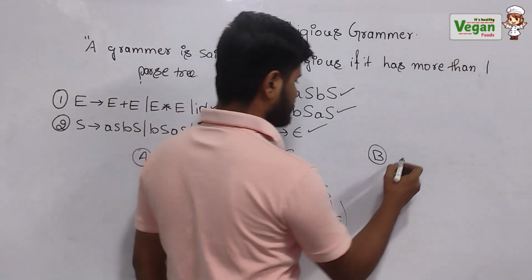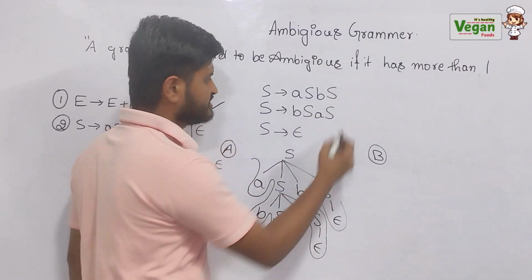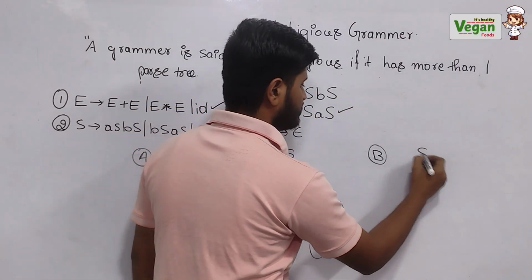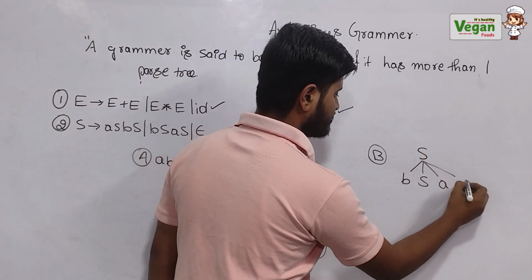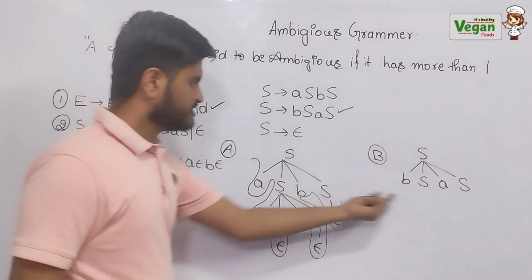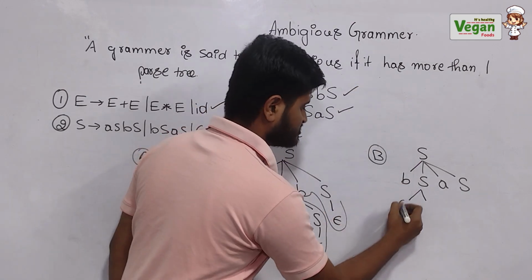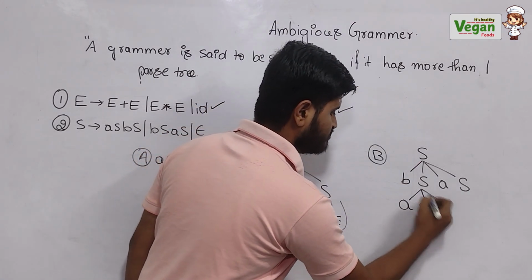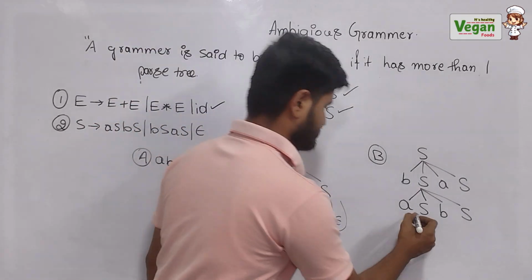Now let's construct another parse tree. In the first one I considered this production first. Now I will consider this production, S producing BSAS. Here I branched for this S, so here also I must branch for this S only. So another production is ASBS. Next, the left-out production is S producing epsilon.